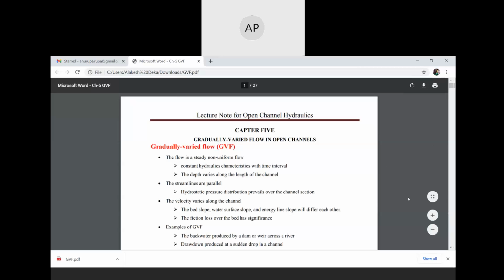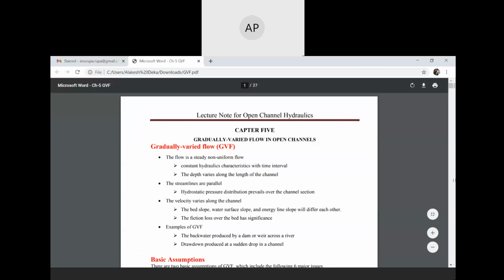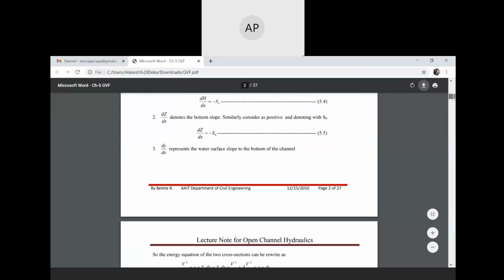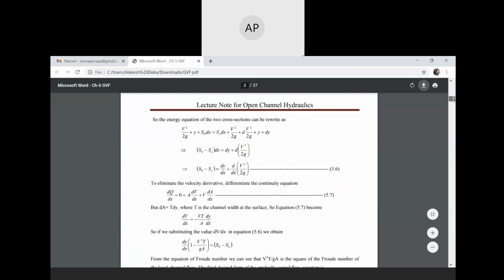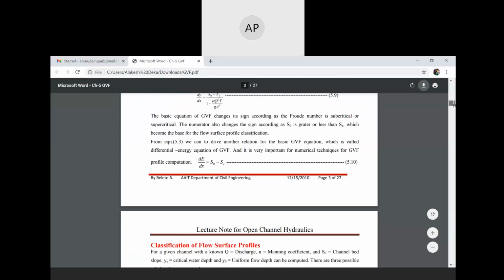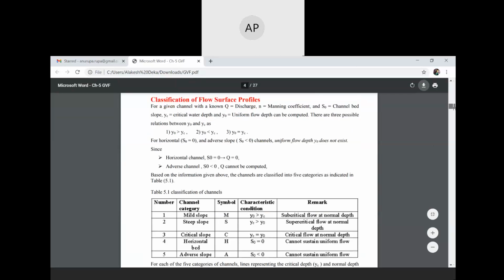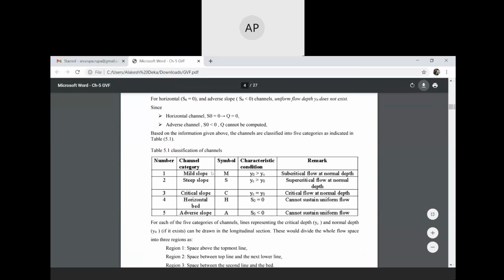Yes, okay. So, in last class, we have discussed GVF, isn't it? We have already discussed what are the different types of GVF, what are the different profiles of GVF.